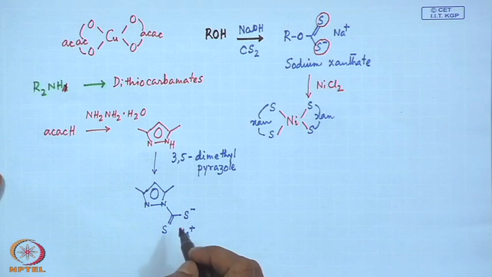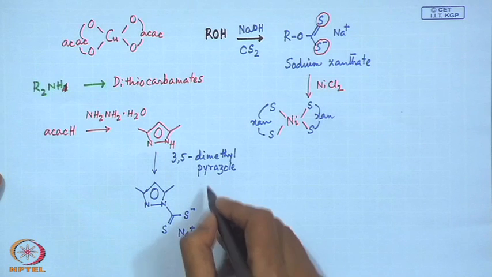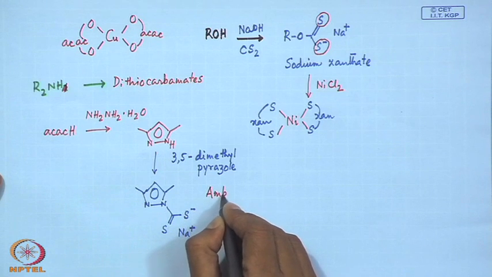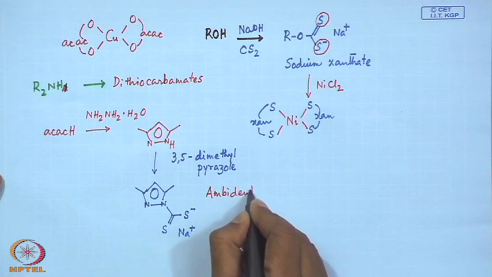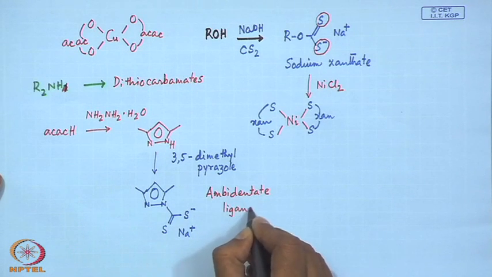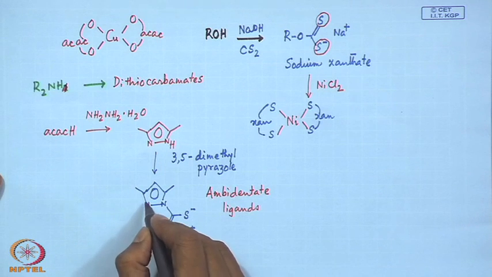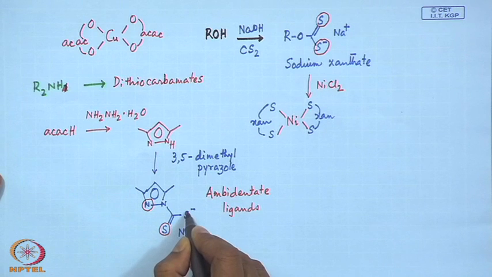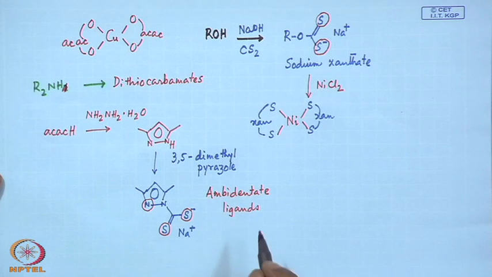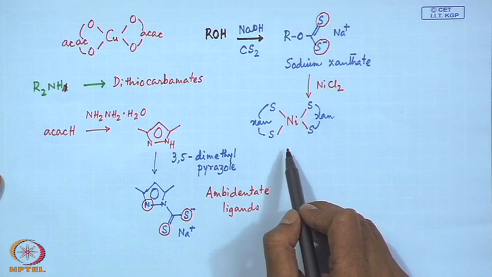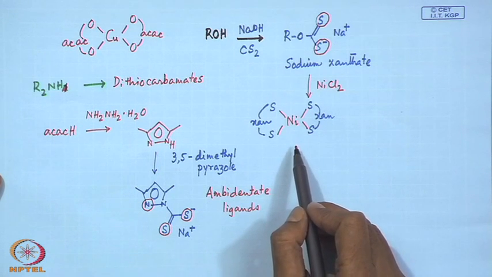So, we are now having a 3,5 dimethyl pyrazole based ligand, and we will give some examples in our coming classes of what are known as ambidentate ligands, because the donor groups available on this system are N, S, S. Here the metal complex we get through the use of xanthate is the sulfur sulfur coordination.